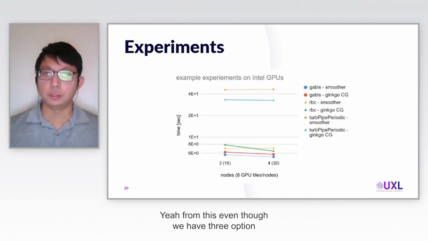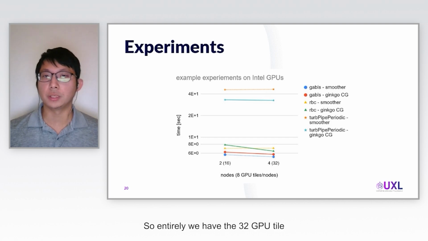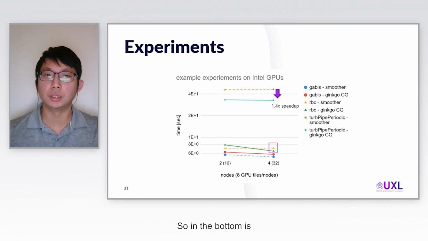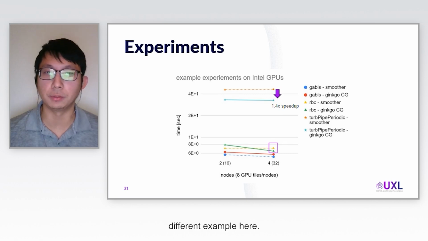From this example, we have 3 options, and unfortunately we can only run on 2 up to 4 nodes now. So entirely we have 32 GPU tiles, and we can see some differences. The dashed line is always from the Chebyshev smoother from nekRS, and the solid line is from Ginkgo, with different markers meaning different examples.